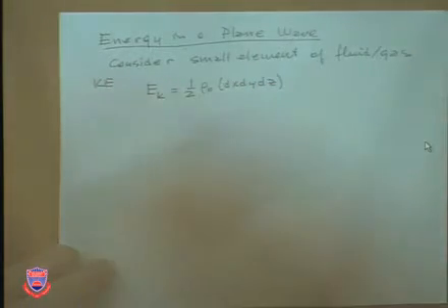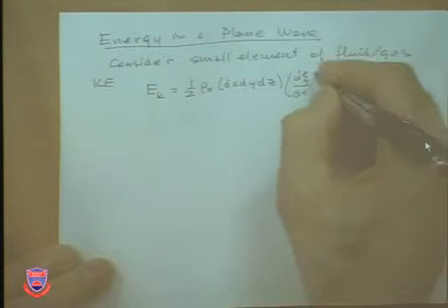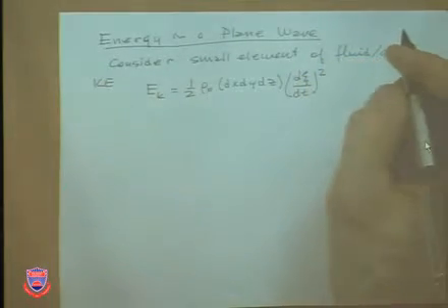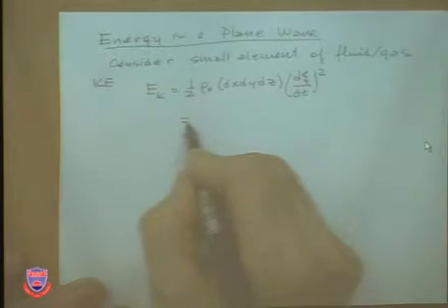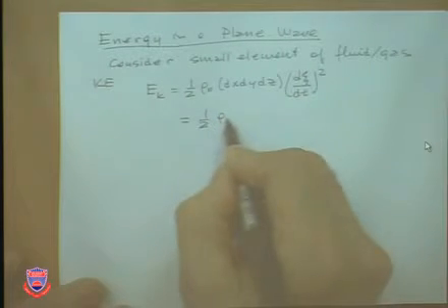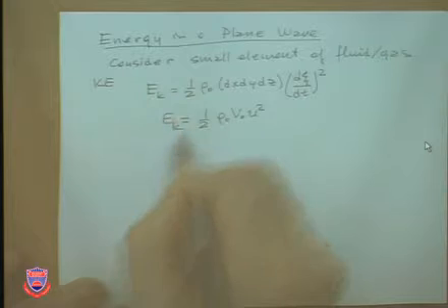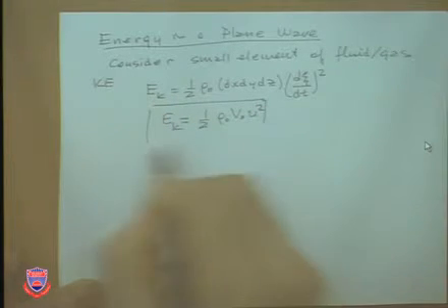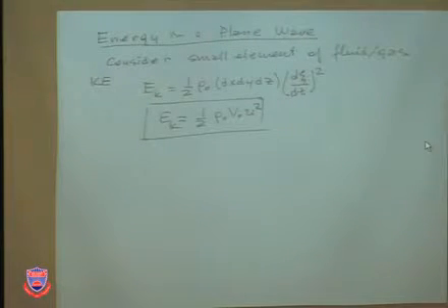Okay, that would be the mass, and expressing the velocity in terms of its displacement, we can also write it in terms of density, elemental volume, and square of the particle velocity.